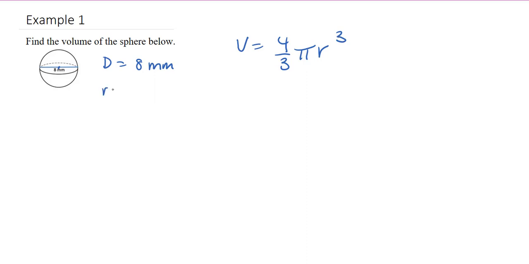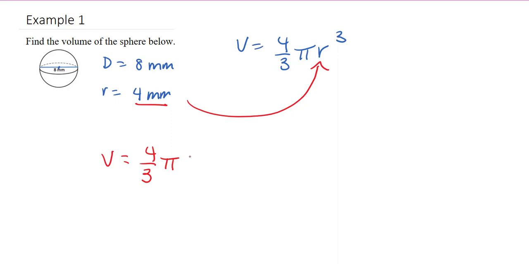So we need to find the radius, so we just divide the diameter by 2. If we divide it by 2, we get 4. So now if we plug this 4 into the r, we just get 4/3 pi.